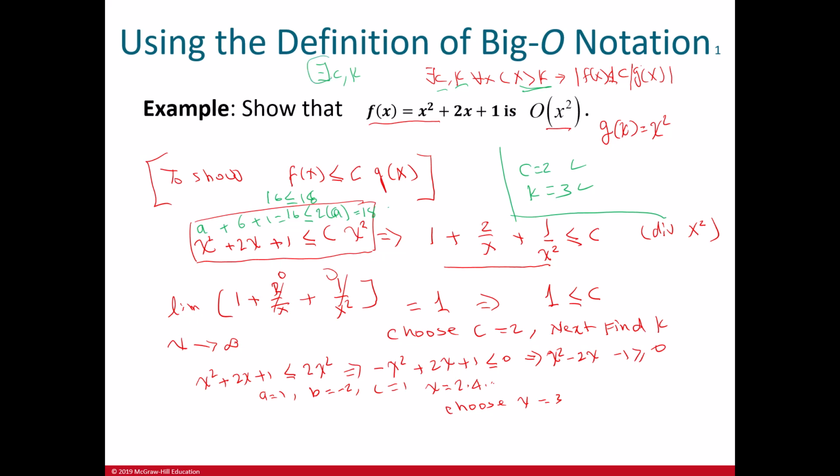So when we find a pair of these, we can choose others. For example, I could choose c equal to 3 and k equal to 4. This will work. Just keep increasing. We try our best to have a conservative choice, meaning you choose a smaller number. But at this point, as long as the inequality holds, we are okay with it.